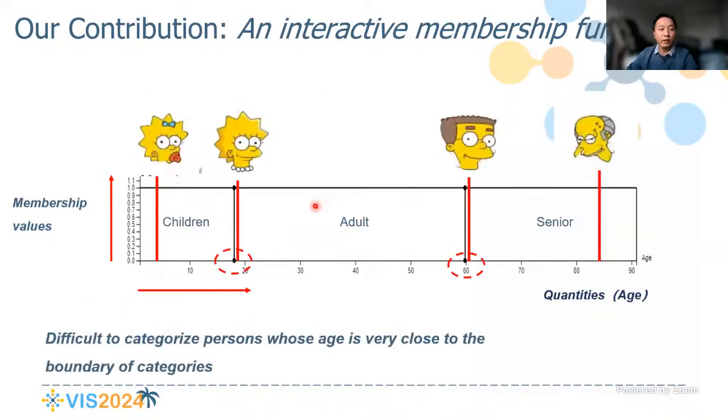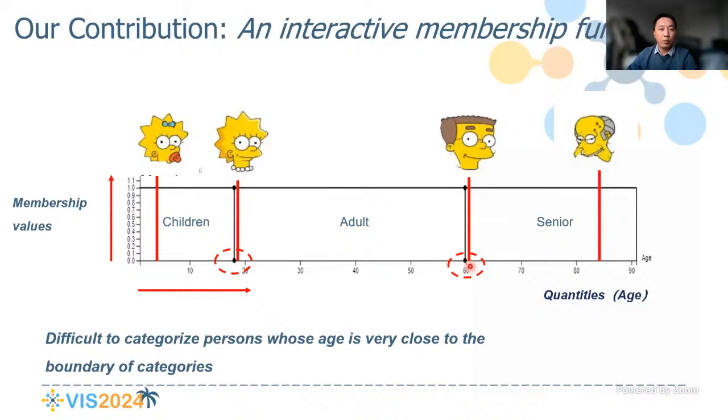We're using this mapping function to categorize the ages for characters like this. We can categorize it as children, this one as the senior. But what if some character is very close to the boundary here?